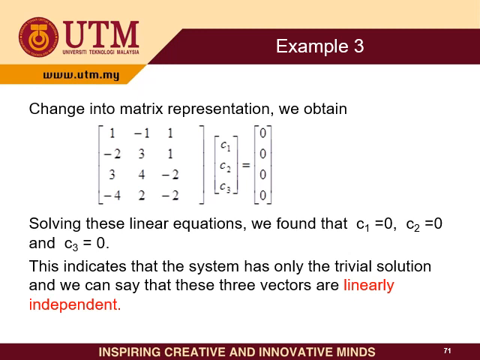Then when we change into the matrix representation, we get this equation. Solving this linear equation by matrix operations, we found that C1, C2 and C3 are equal to 0. So all of them are equal to 0. This indicates that the system has the trivial solution. So the trivial solution is what we call linearly independent.